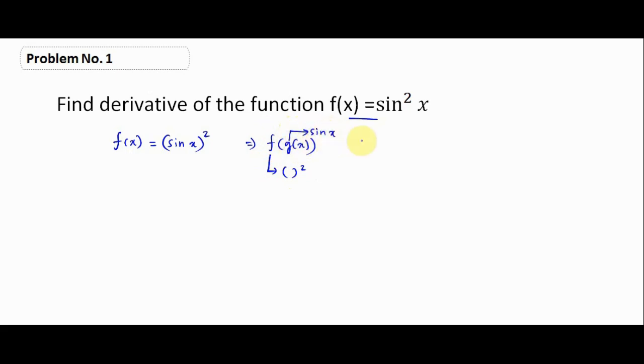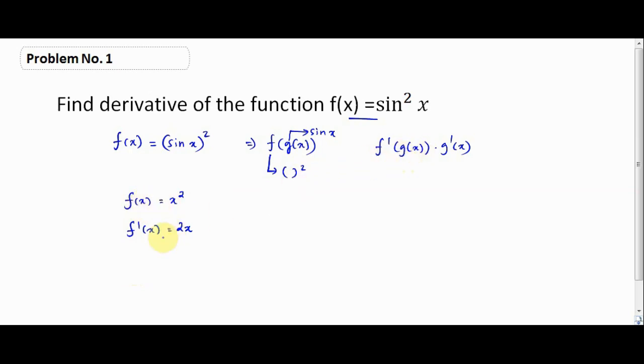So derivative of the function will be f dash of g of x into g dash of x. We know that if f of x is equal to x square, then its derivative f dash of x will be 2 into x. Now in place of x we have g of x here.